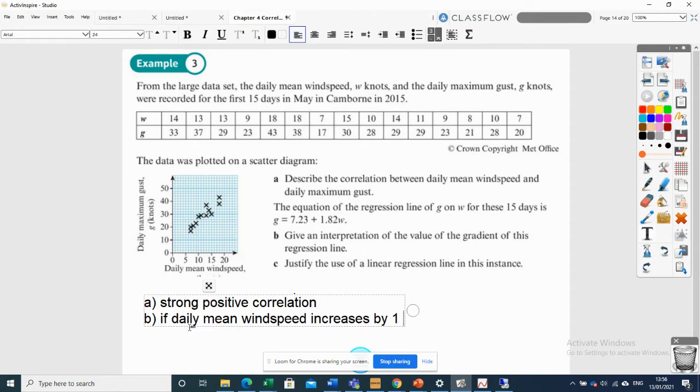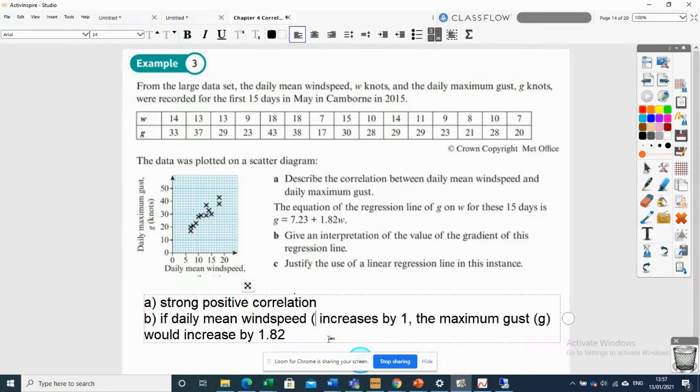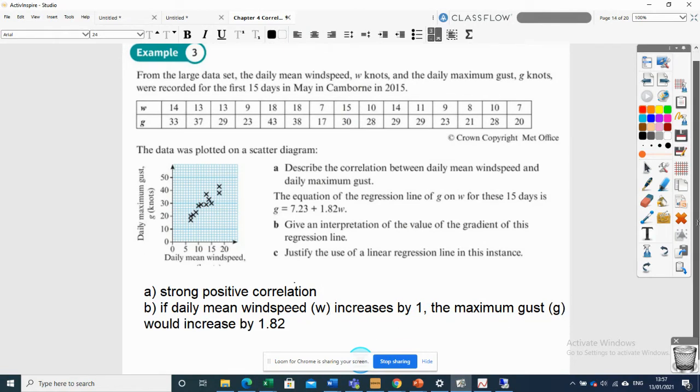Well, that would increase by the gradient, which is 1.82. W there, consistency.